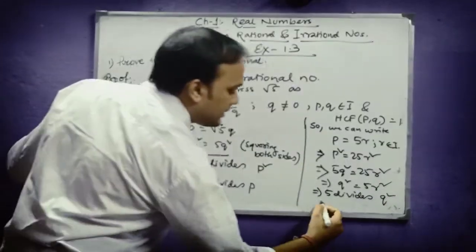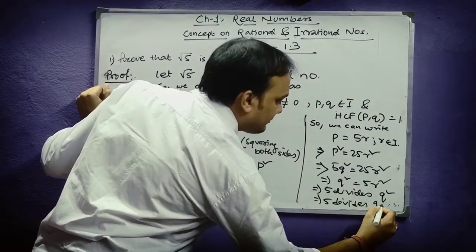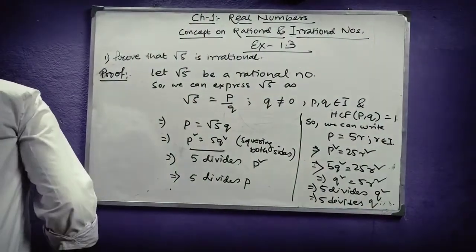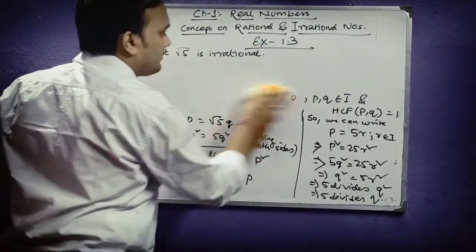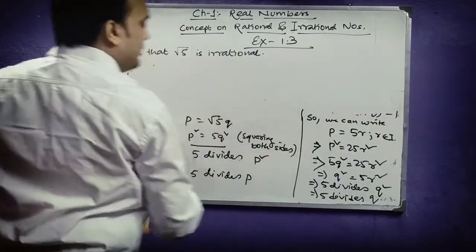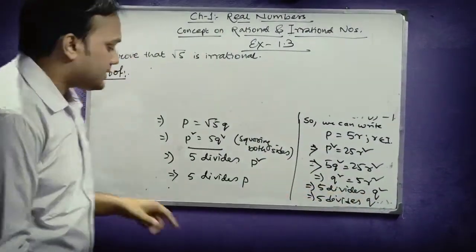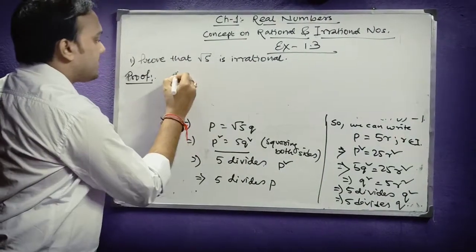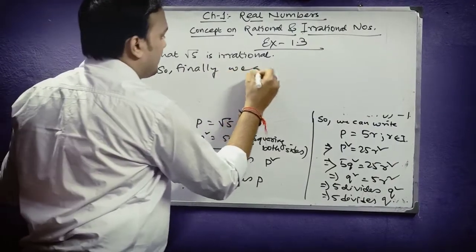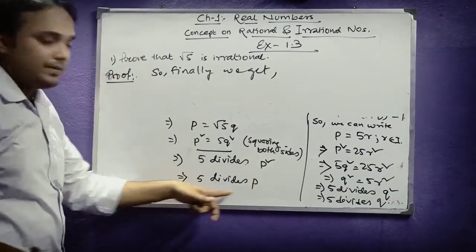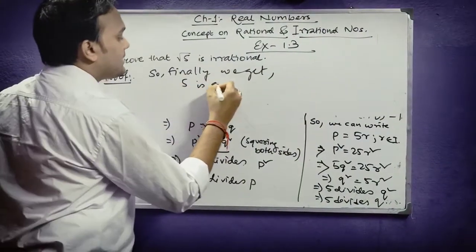Since 5 divides Q square, 5 also divides Q. So finally we get what we got here: 5 divides P as well as 5 divides Q. That means 5 is a common factor of P and Q.